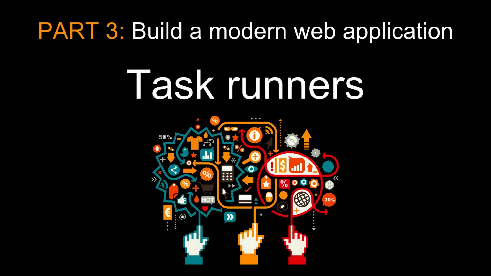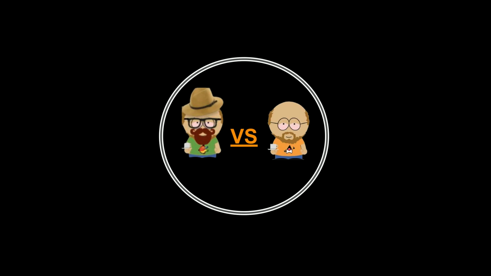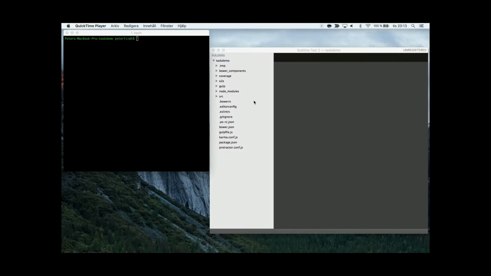So the next thing to talk about is task runners, and we have those in Maven as well. We call them build phases. It's like you have Maven clean, test, install, deploy. There are different hooks where you could execute things that you need to do in your build process. Yeah, web stuff. We do a lot of stuff with our web apps these days.